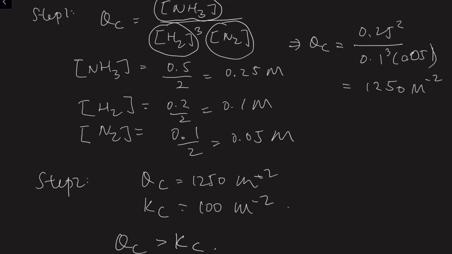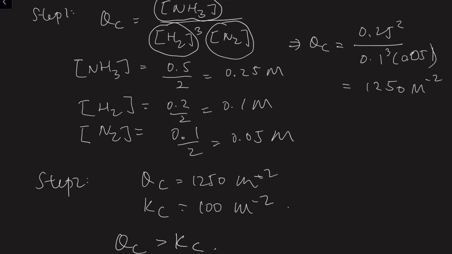QC is essentially the concentration of your product raised to some particular power divided by the concentration of reactant, also raised to some particular power. The exponent is not changing, so the only thing that changes is the concentration itself.